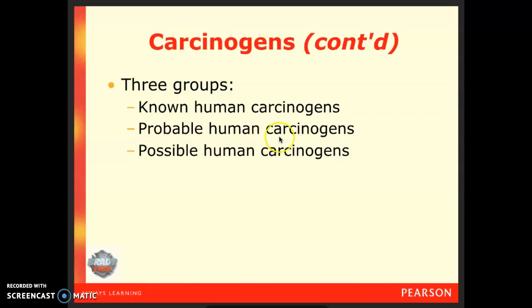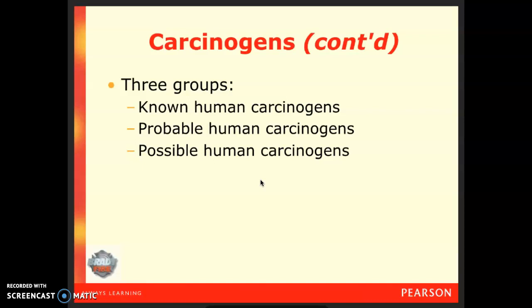There are the probable human carcinogens. These are the ones that we have pretty solid evidence that there's a link between, but we're probably waiting on more information to fully move them up into that known group. And then there are the possible human carcinogens. And these are the ones that we don't have knowledge of.